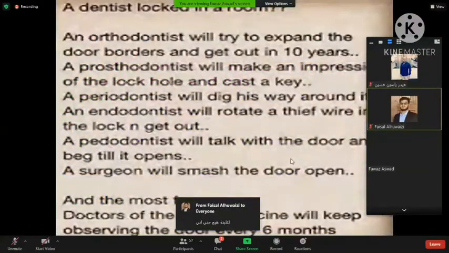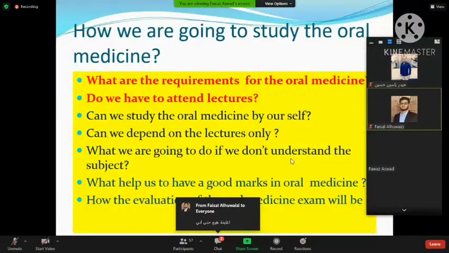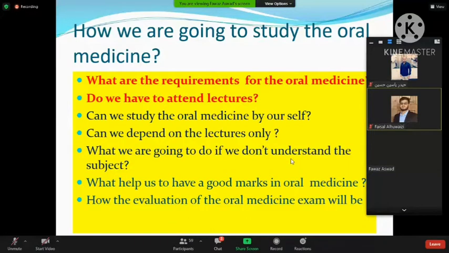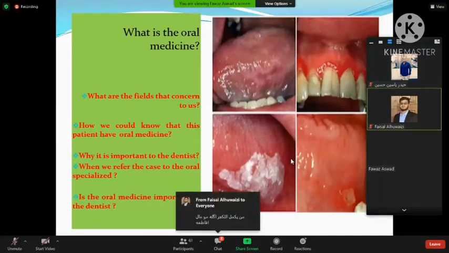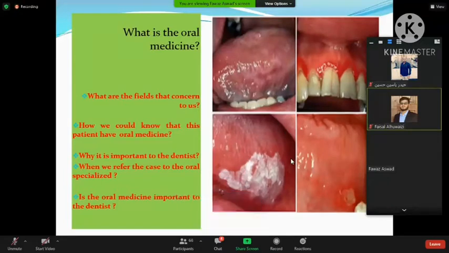We talked about exactly what we mean by oral medicine, and whether we have to attend the lectures on oral medicine, and we concentrated on the aspects of oral medicine. What does oral medicine deal with? We said that oral medicine is considered a branch of dentistry which deals with the art of diagnosis of the following.